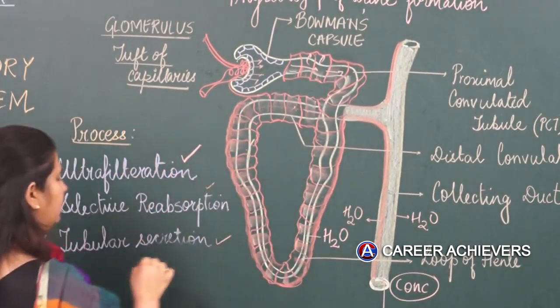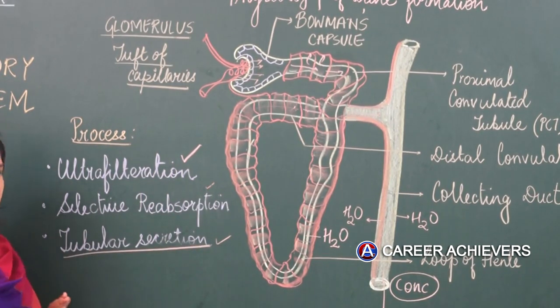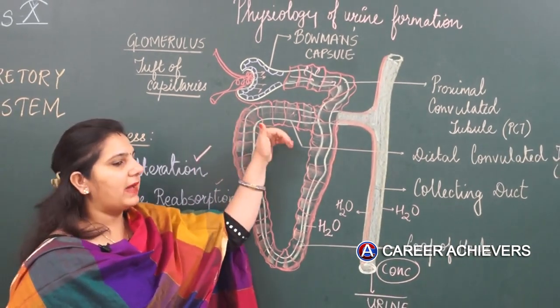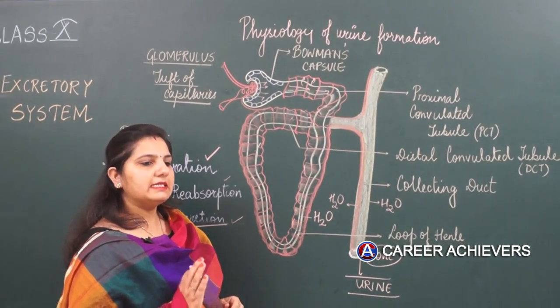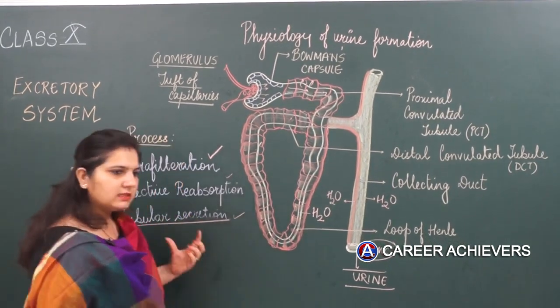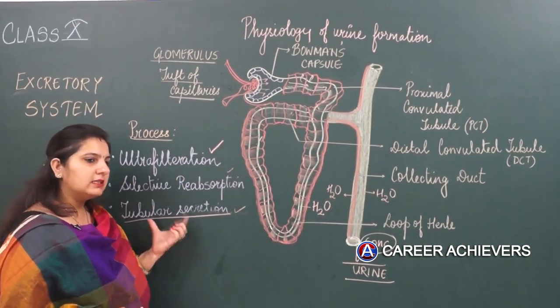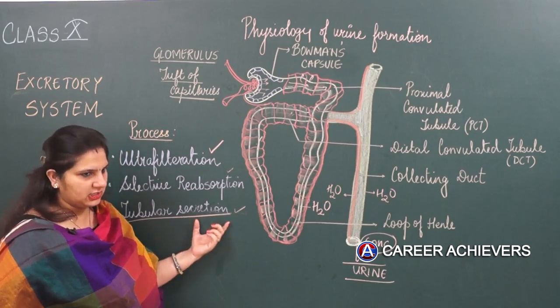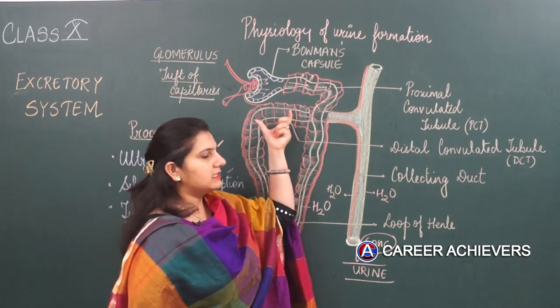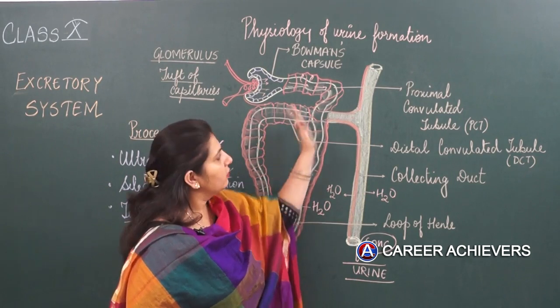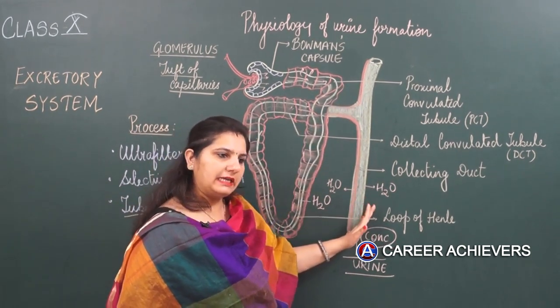So the third step is tubular secretion. We are secreting things back into the DCT. So the things that get secreted into the filtrate would then travel into the collecting duct.